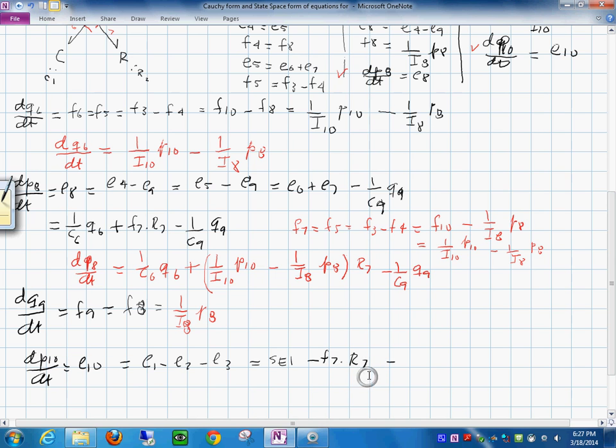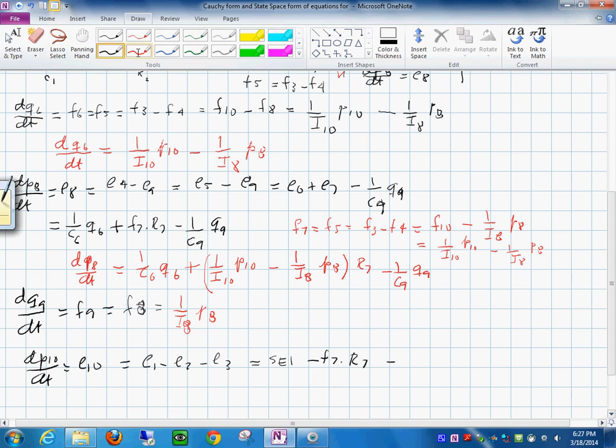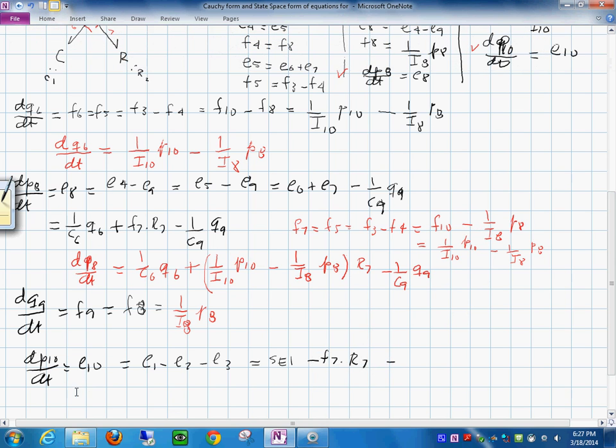So I think we need to find out what F7 was. See here that this was, so you could go one more step and rewrite the whole thing, and that is dp10 dt is equal to E sub 10.